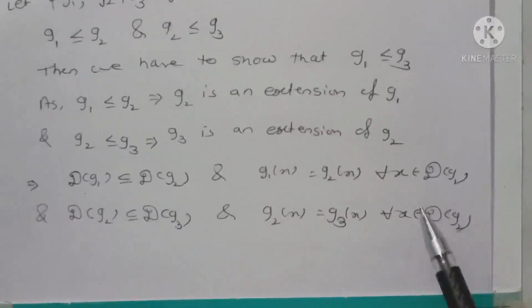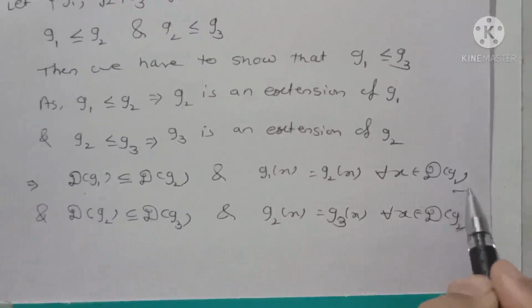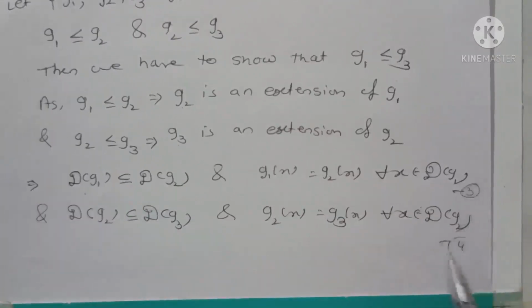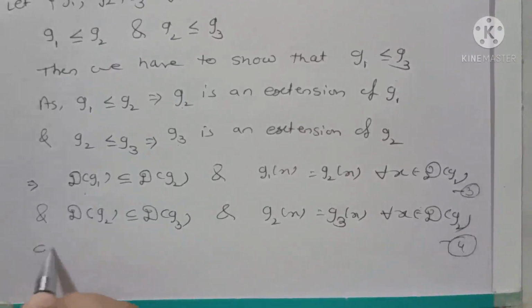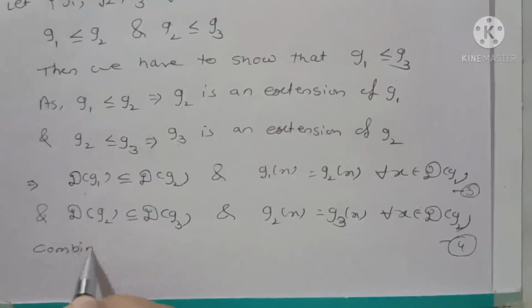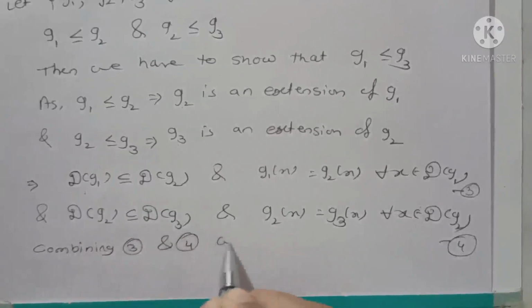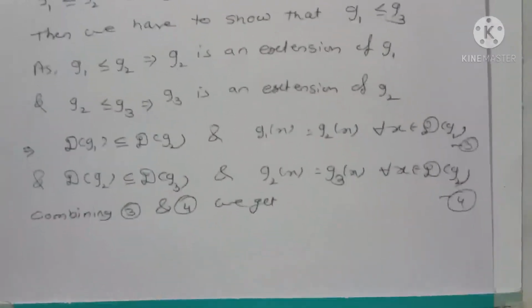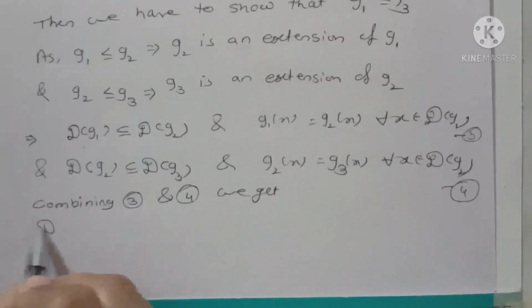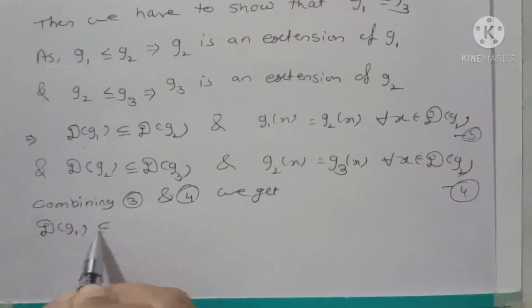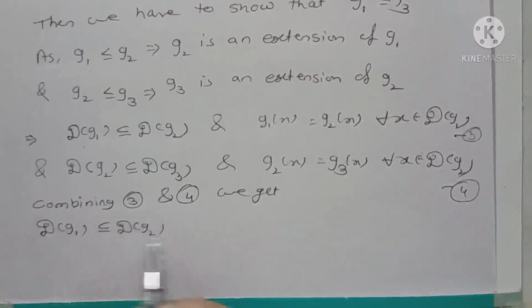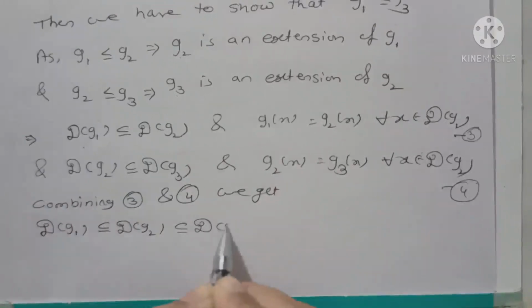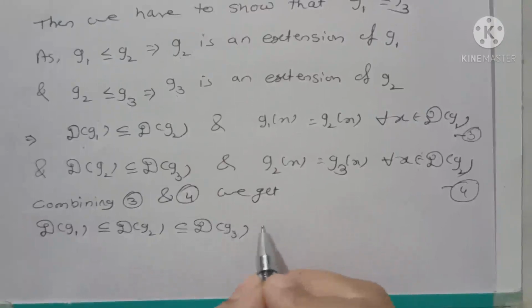Now, giving these two the equation numbers 3 and 4, combining equations 3 and 4, we get the domain of g1 contained in the domain of g2 and contained in the domain of g3, which implies that the domain of g1 is contained in the domain of g3.